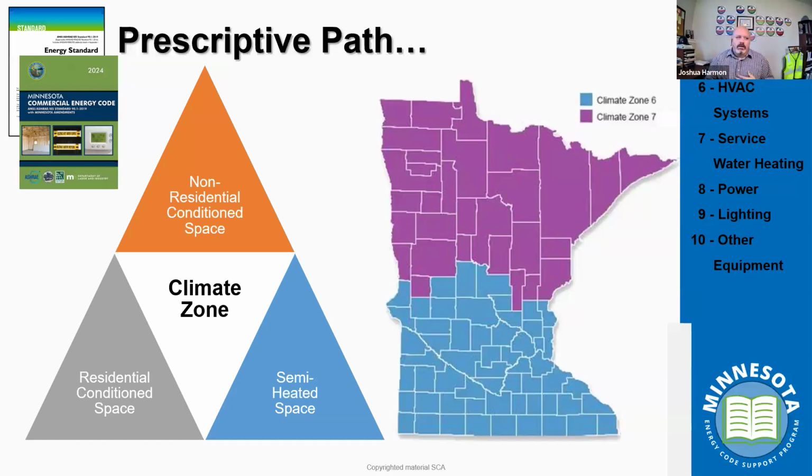So we're going to have climate zone 6 and 7, and then within that, we identify whether we have a non-residential conditioned space, a residential conditioned space, or a semi-heated space. Now the code also allows us to identify non-heated spaces, but that's at the discretion of the building official.